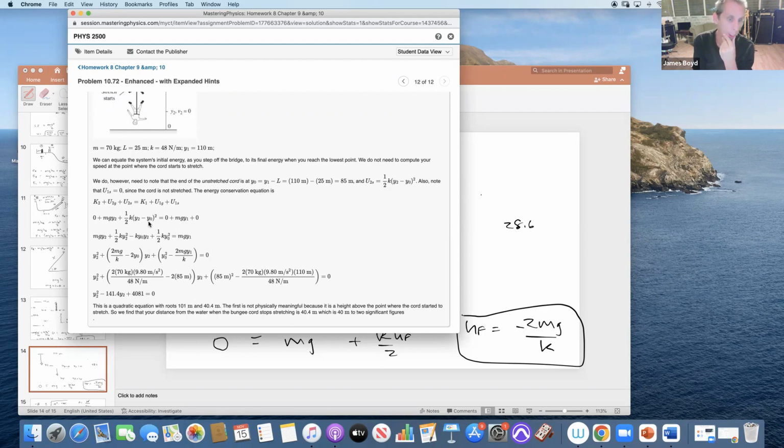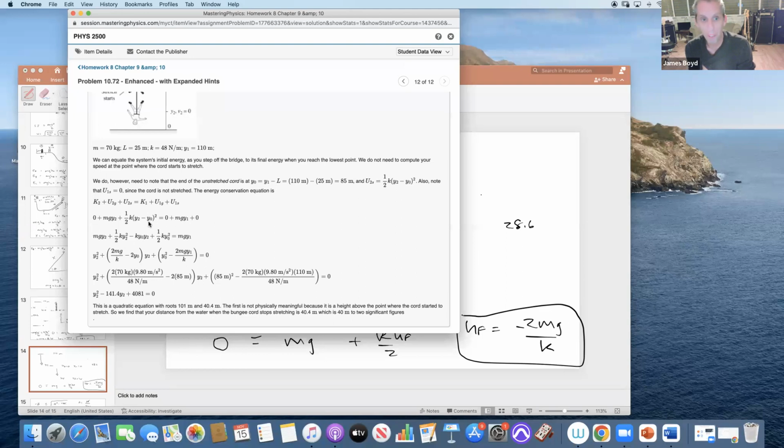And at that point, you get a different answer than what they got. Now they're saying that y0 is y1 minus L. Right, but y0 they're saying is at 85. But what if 85 were 0? And that is the point.